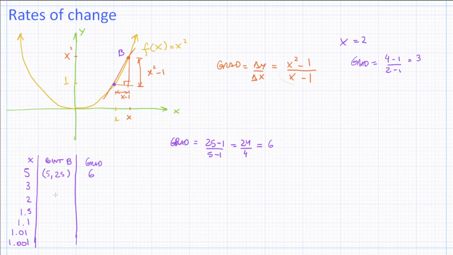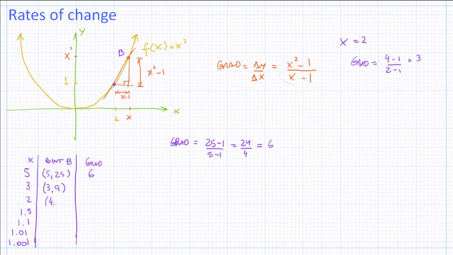If you keep doing this, you would find the points. This would be 3 and 9. Remember that you can pause this video and try it yourself, find the gradient and try to answer what this is tending towards. When x gets closer to 1, where is this gradient getting towards?